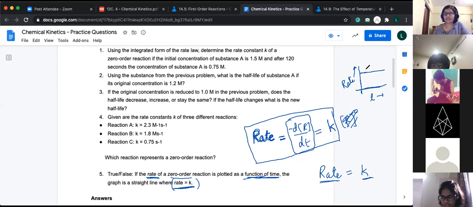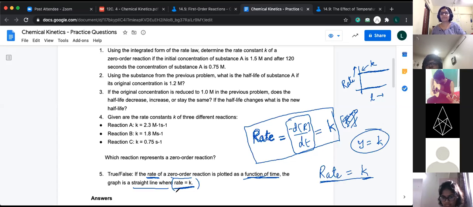So rate is constant, independent of time. So of course the graph is going to be a straight line, where the rate का value is equal to k, because rate is equal to k. So this is of the form y equal to constant wala graph.